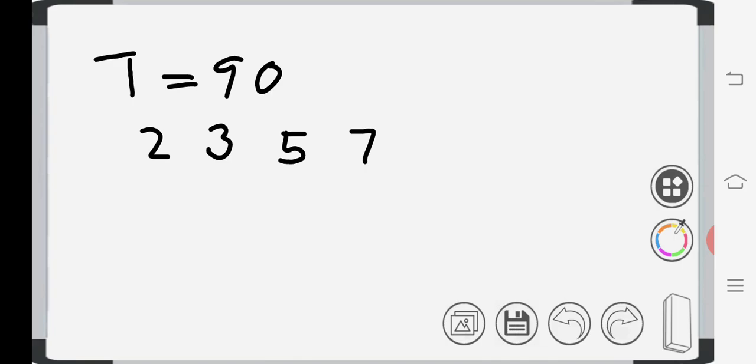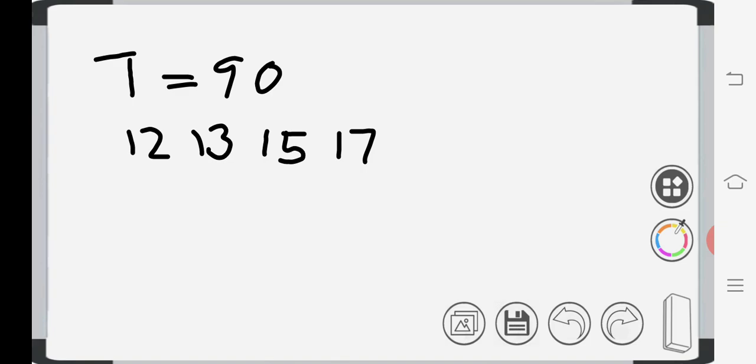Thus 2 becomes 12, 3 becomes 13, 5 becomes 15, 7 becomes 17. Then taking products of digits, we get 1 into 2, 2 itself, 1 into 3, 3 itself, 1 into 5, 5 itself, 1 into 7, 7 itself. All these are prime numbers.